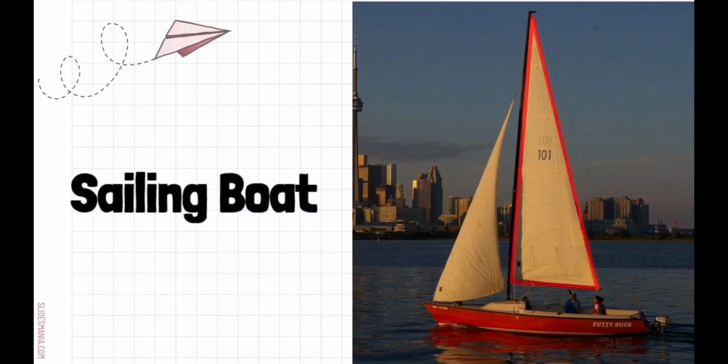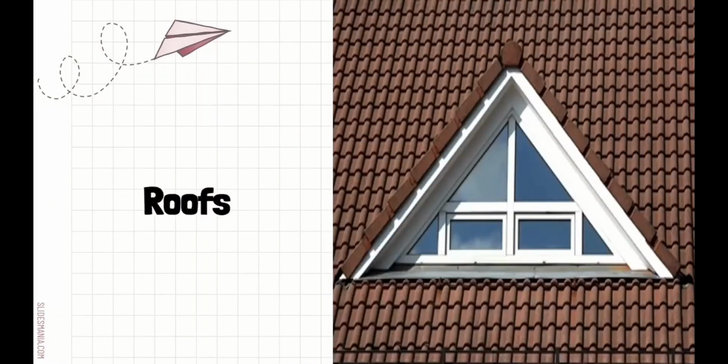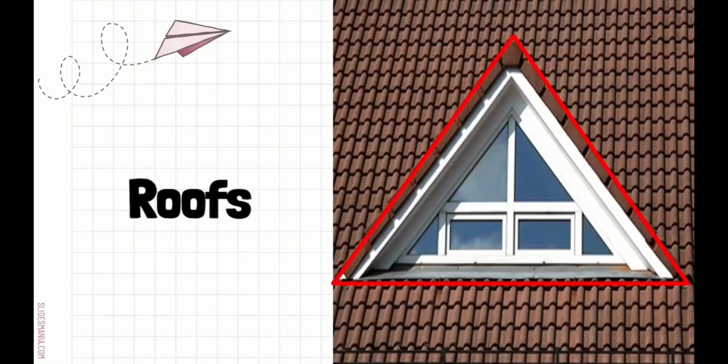This is a triangle, a right angle triangle. Last is roofs. The roofs of houses are made in a triangle shape because it doesn't let water or snow stand on the roof for a longer time. So, these were some important examples from our day-to-day life.